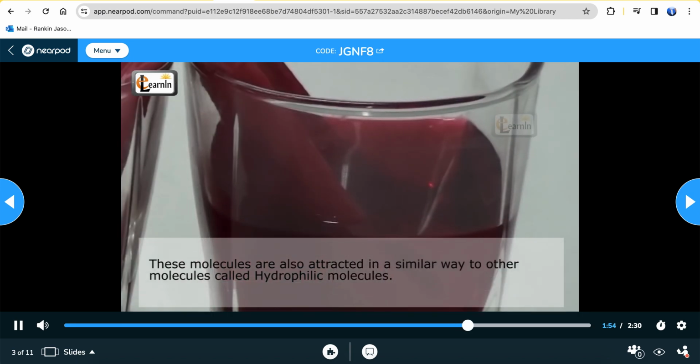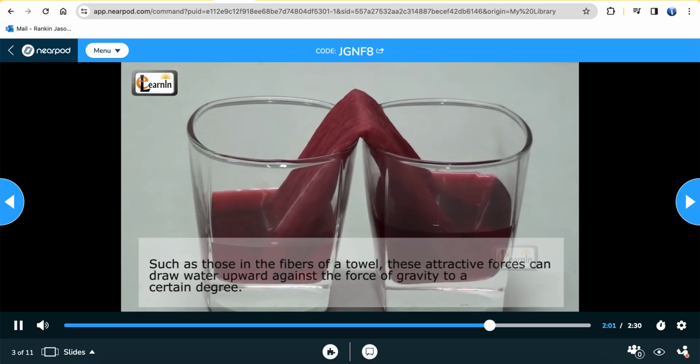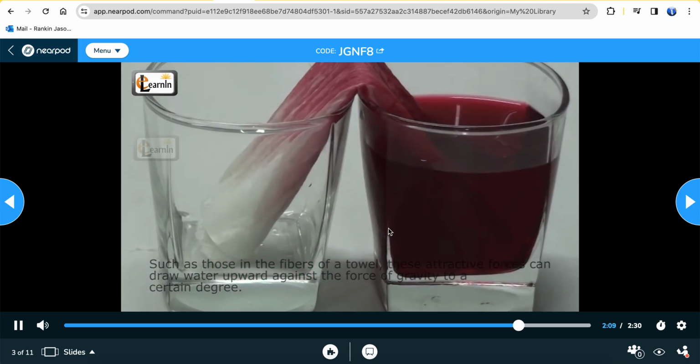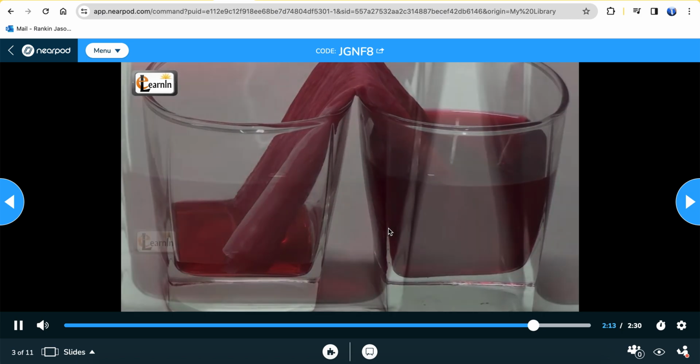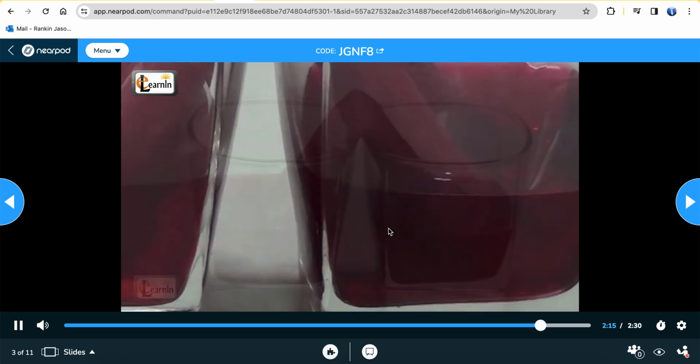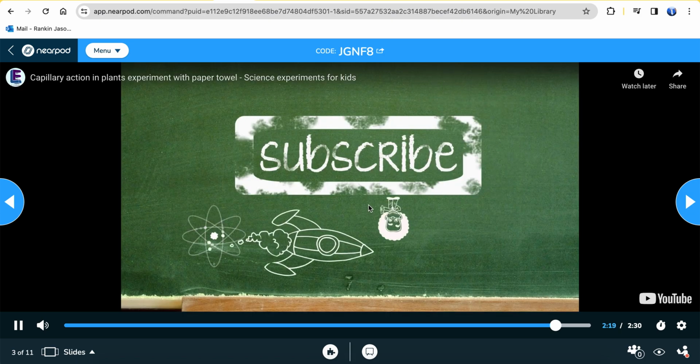These molecules are also attracted in a similar way to other molecules called hydrophilic molecules, such as those in the fibers of a towel. These attractive forces can draw water upward against the force of gravity to a certain degree, which explains the transfer of water into the empty glass. This concludes the cool water experiment, and I think you'll agree that it was pretty cool.